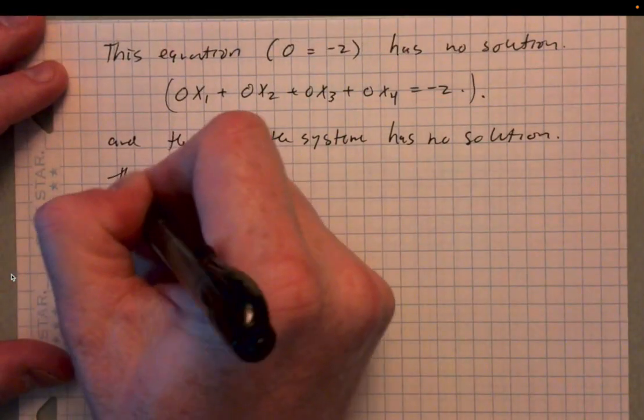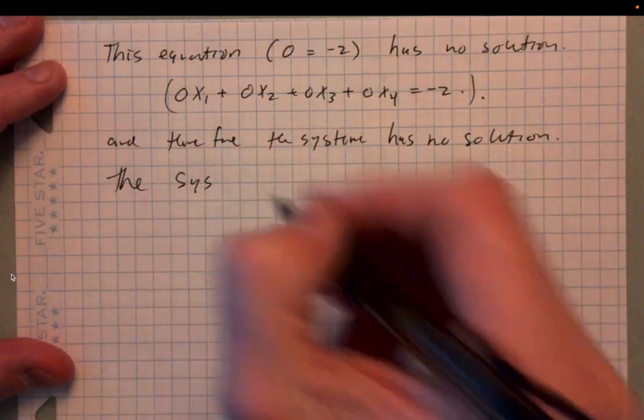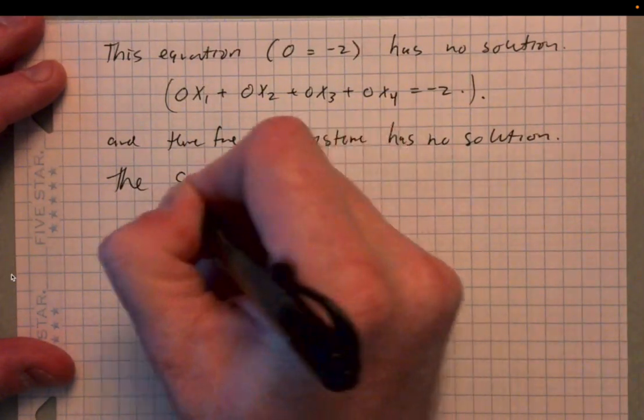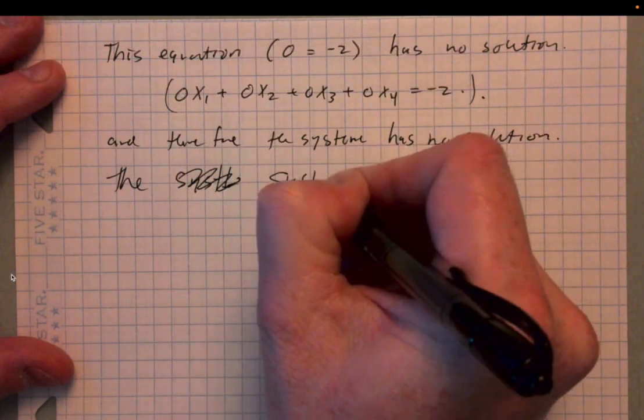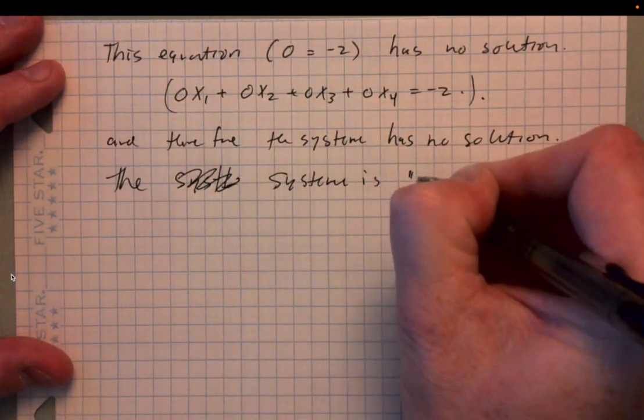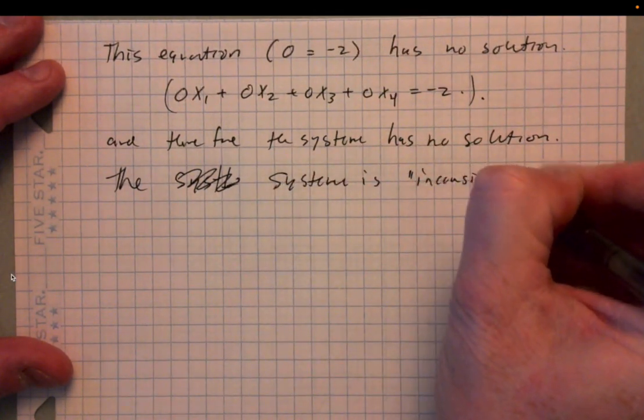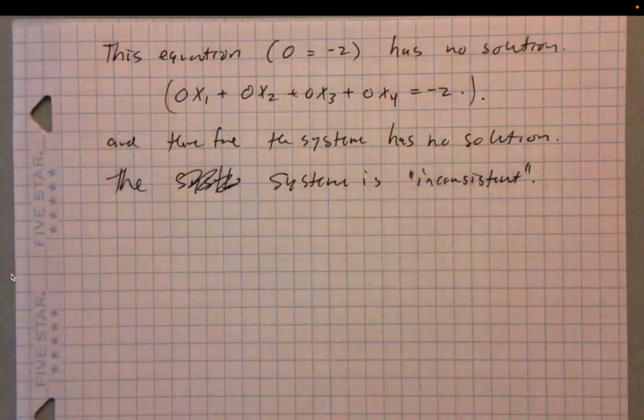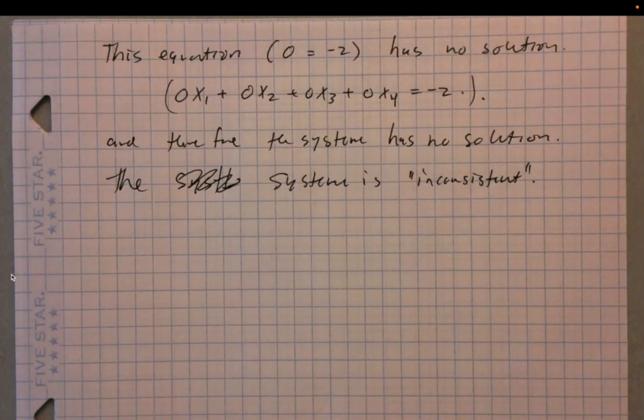So this system is inconsistent. It has no solution. There is no n-tuple, or 4-tuple in this case, that satisfies all three of these equations. Particularly that last equation is the problem. All right, very good.